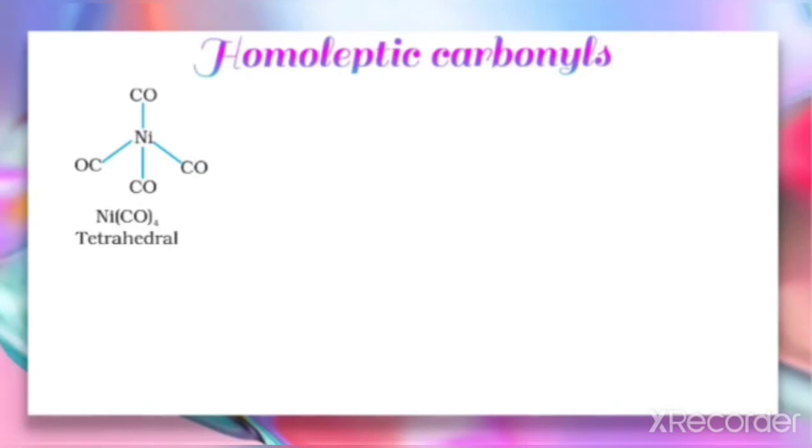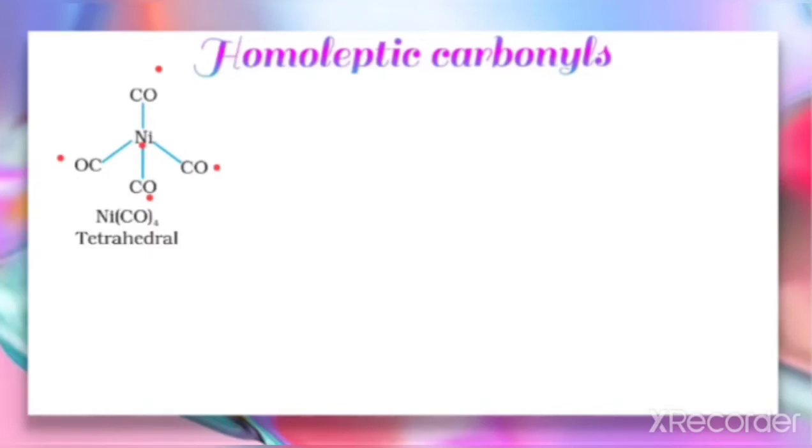The first example is tetracarbonyl nickel(0), given here. It is tetracarbonyl because 4 CO groups are there. The oxidation state of nickel here is 0 because the carbonyl group is a neutral ligand.